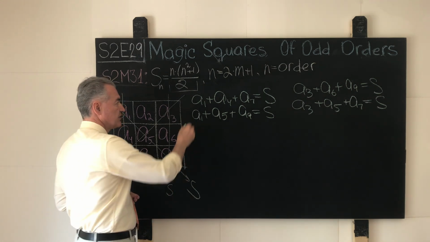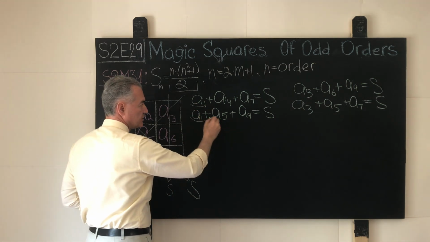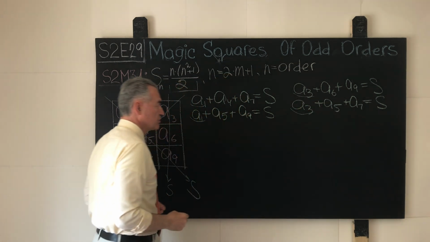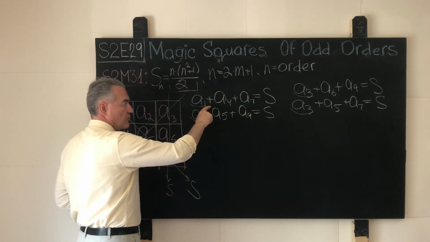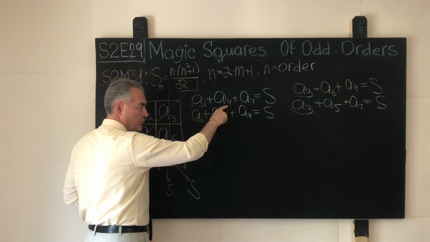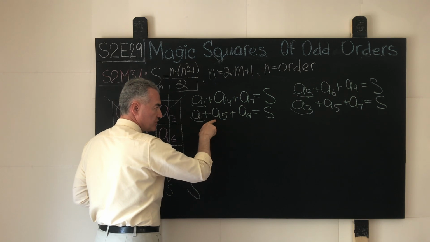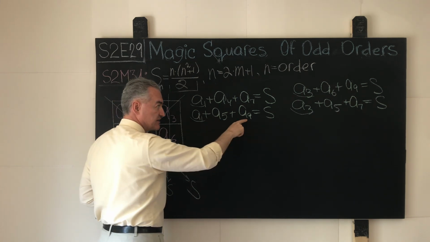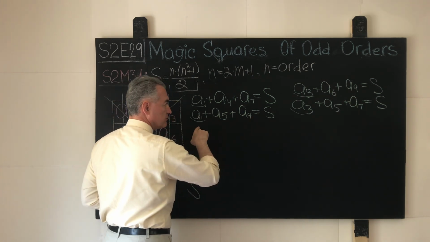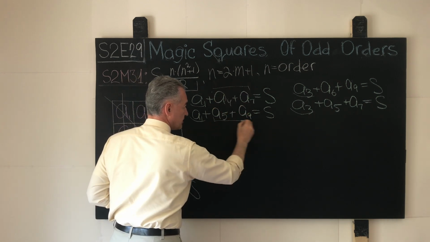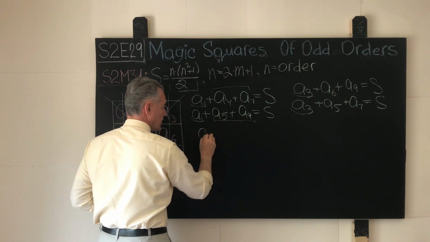Now we exercise the fact that A1 on both sides is one and the same, and here is A3, the element A3 is one and the same. What does it mean? From this equation, it follows that A4 plus A7 will be S minus A1. And from this equation, it follows that A5 plus A9 will be S minus A1. That means that this sum is the same as this sum. So what do we write?